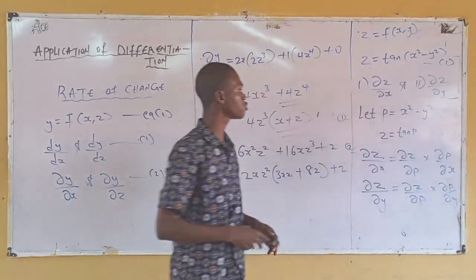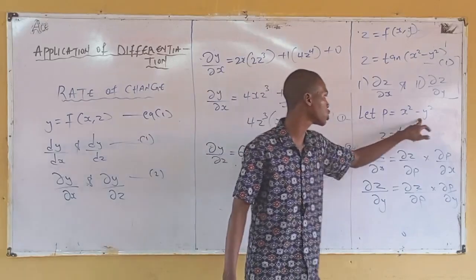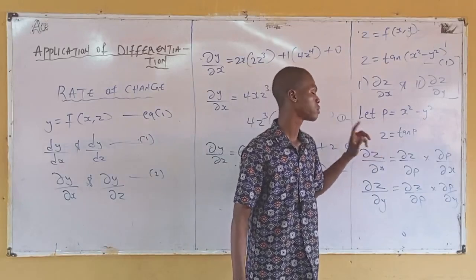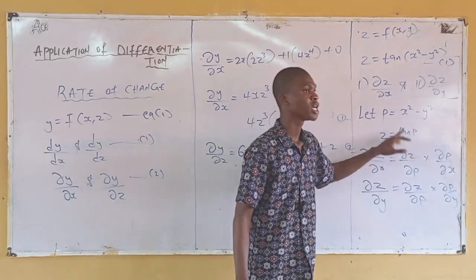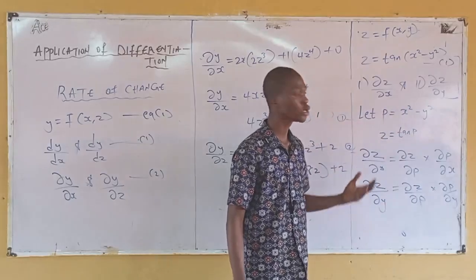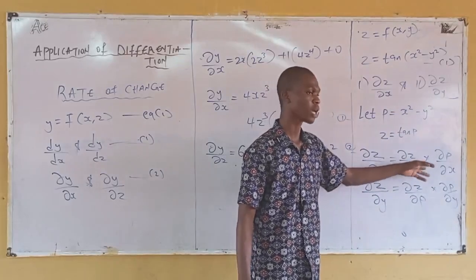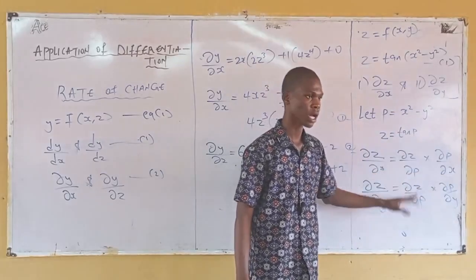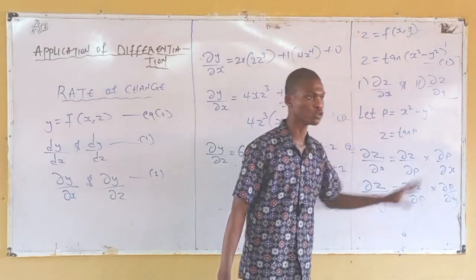Now, what I want you to do for me is check this first equation and check this second equation. The unknowns here are the partial derivative of z with respect to P and the partial derivative of P with respect to x, and so on. Is there any way we can get the unknowns?